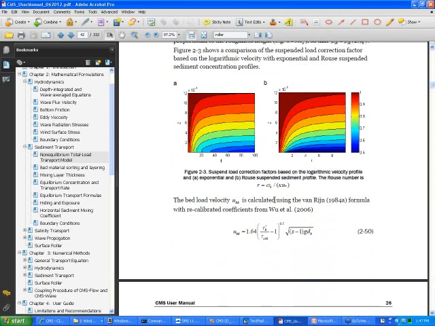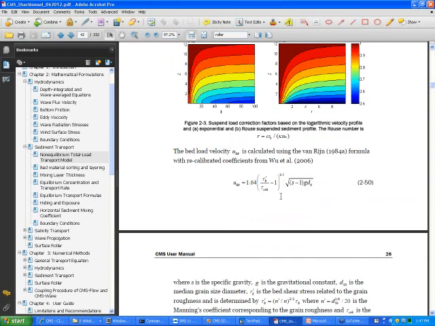Another variable that we need in the model is this bed load velocity. And we use a formula by Van Rijn that was recalibrated by Wu. It was really developed for the case of currents only, but it's commonly applied to the case with currents and waves.